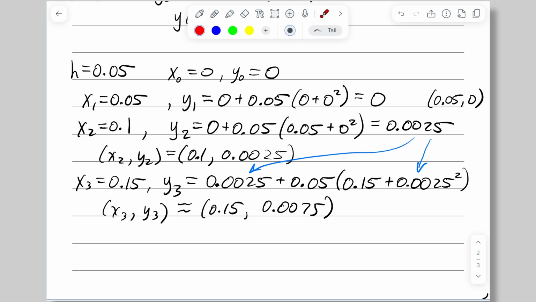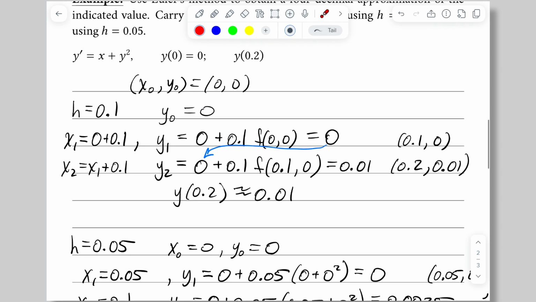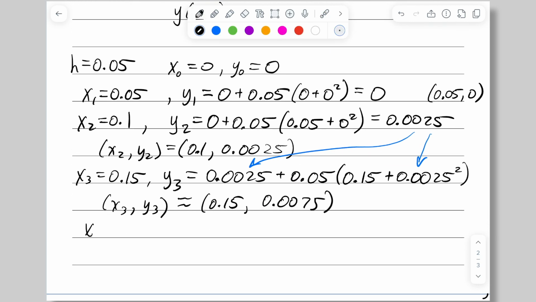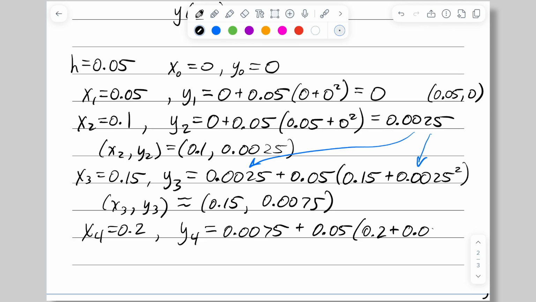One more time, because folks, we found the y value, or the approximation, associated with x equals 0.15, but what we want is an approximation for the y value associated with x equals 0.2. x sub 4 is 0.2. y sub 4 is equal to previous y value, 0.0075, plus step size of 0.05 times our x value, 0.2, plus previous y value squared, 0.0075 squared.